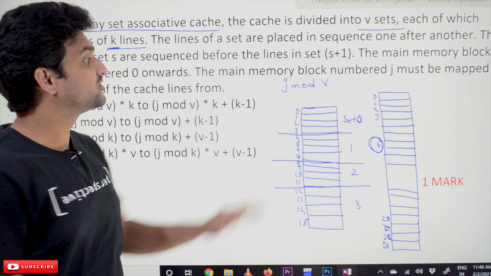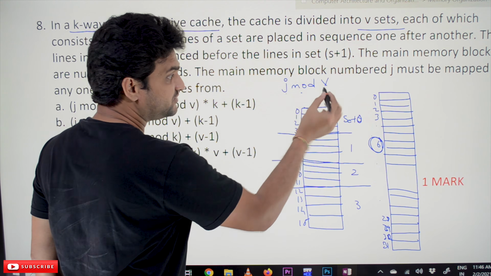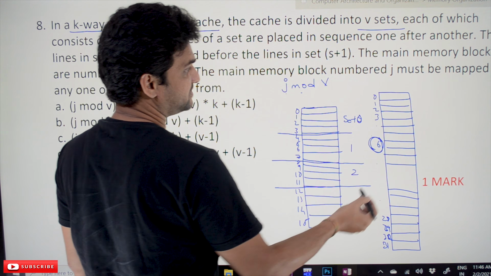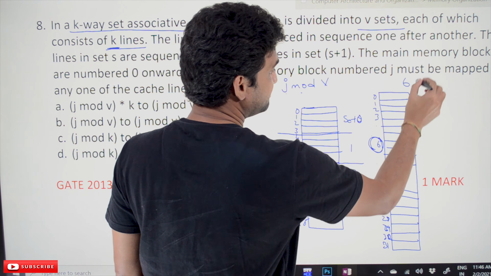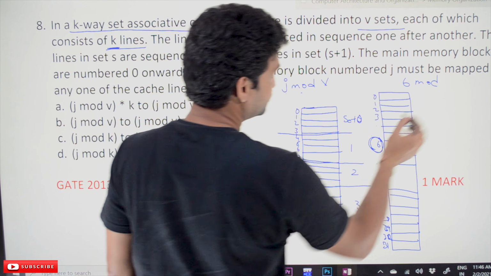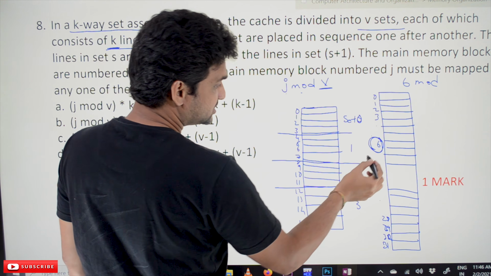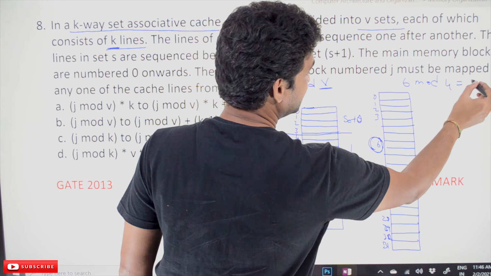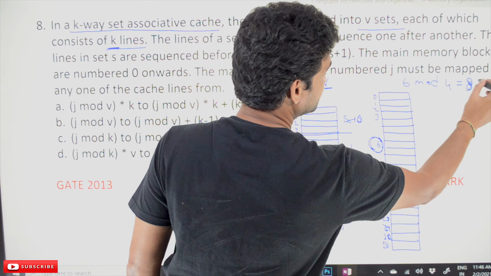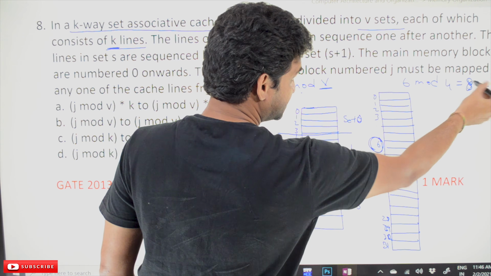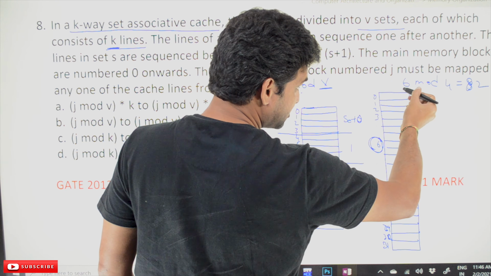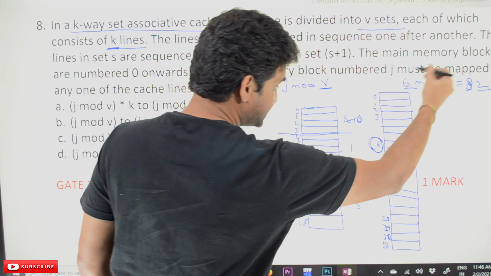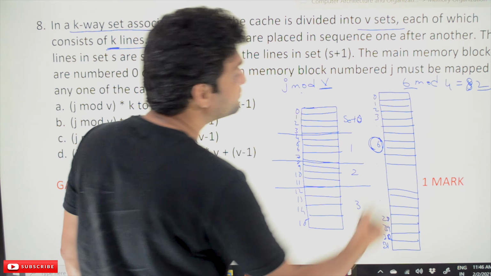We obtain that from J mod V. For example, the 6th block of the main memory, V is the number of sets, so the number of sets is 4. 6 mod 4 is equal to 2. So the 6th block of the main memory will get mapped to the second set of the cache memory.